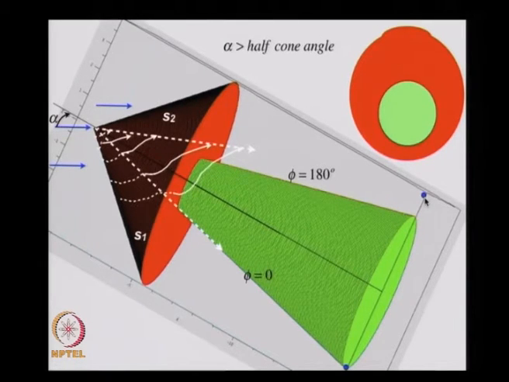If I look at this particular picture over here, this is the shock wave, and you can see that it is even more skewed; the asymmetry is increased with the increased angle of attack about the cone.